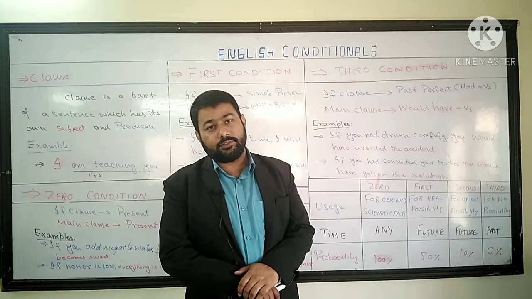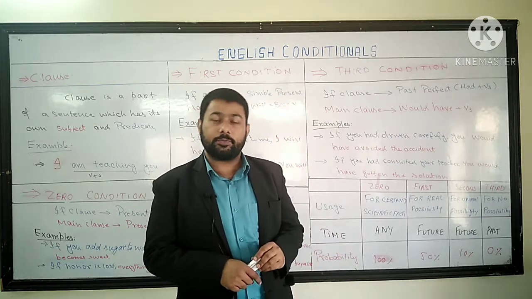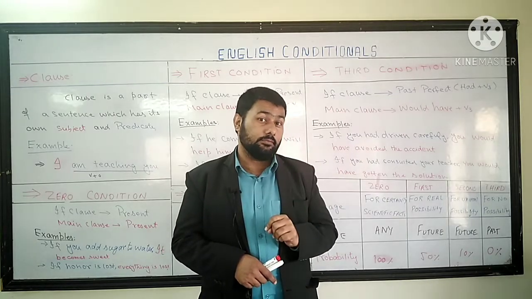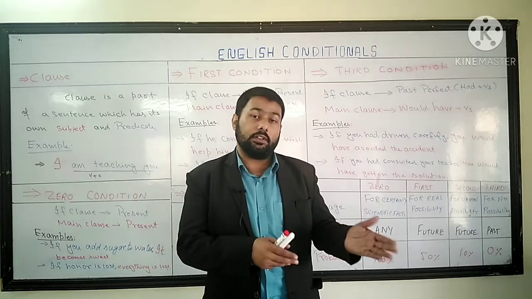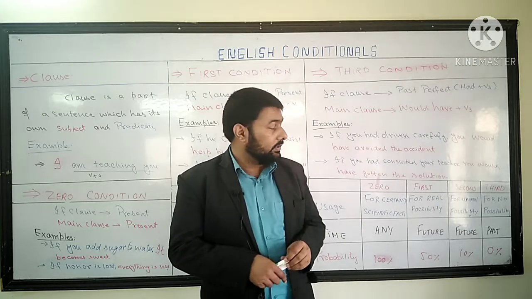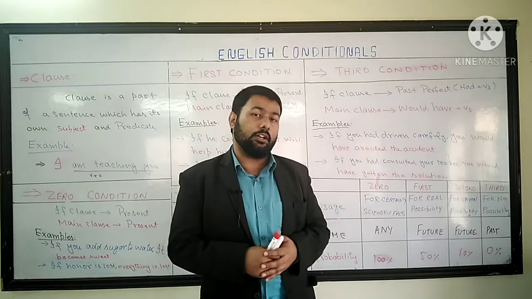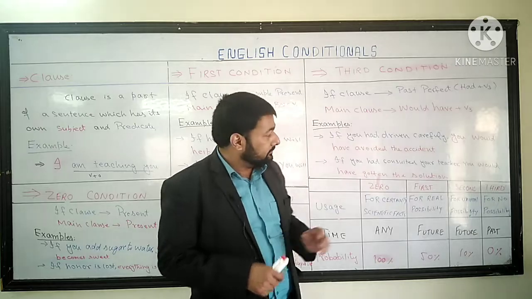A friend says to his friend, I've been in an accident and am lying in bed in the hospital. If you had driven carefully, you would have avoided the accident, but you did not. You cannot now, since you have undergone the accident. So if you had driven carefully, nothing can be done now. It is past now.